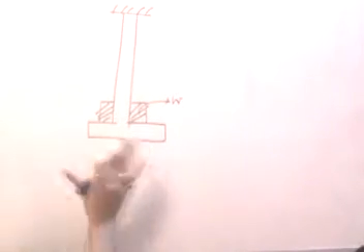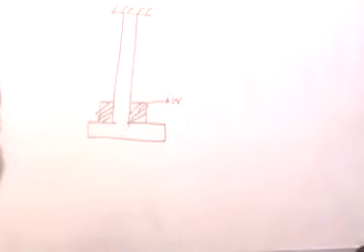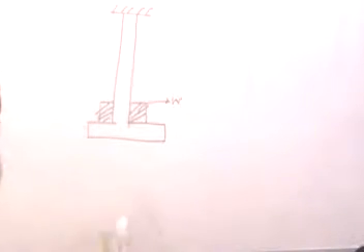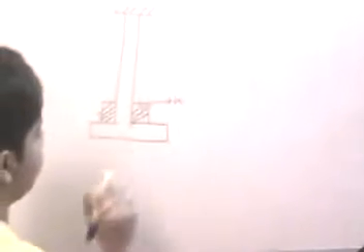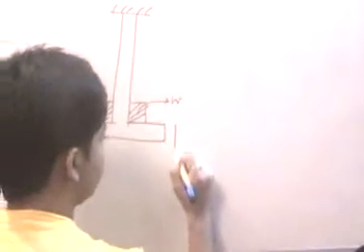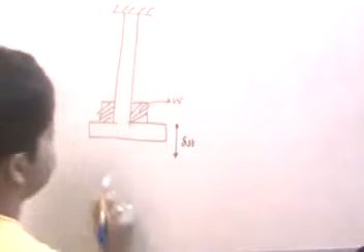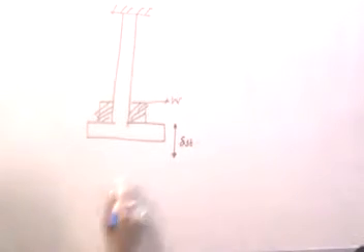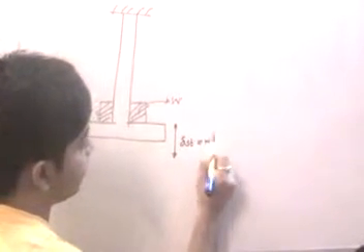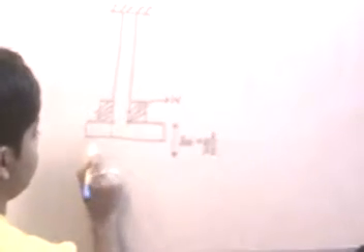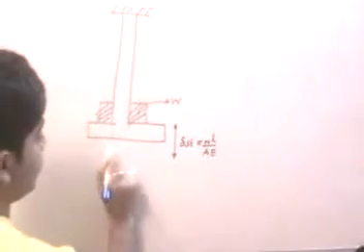Now what will basically happen is that first it will be a case of static loading, because once I put the suddenly applied load, obviously the body will be subjected to some kind of a deflection. So due to static loading, let's say that this is equal to delta St, and if the weight W is applied, therefore delta St is equal to nothing but WL by AE, and it deforms till this position, right?